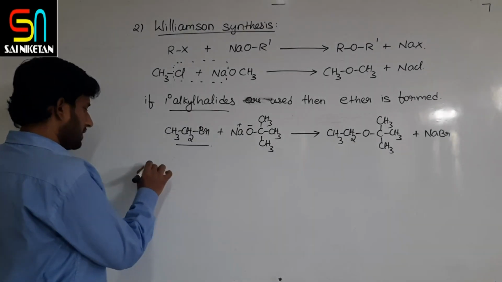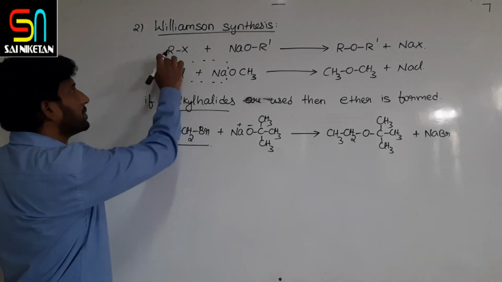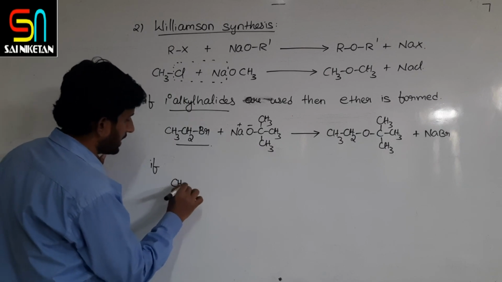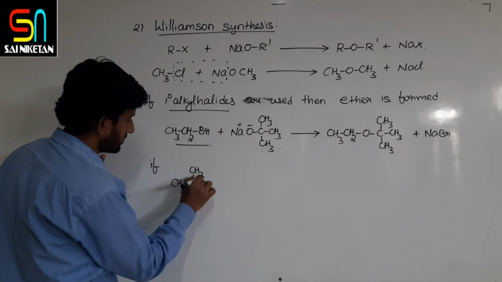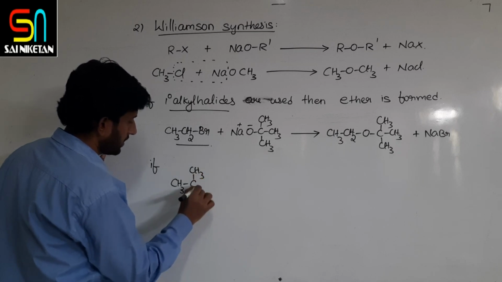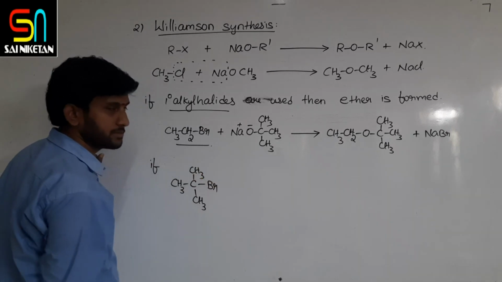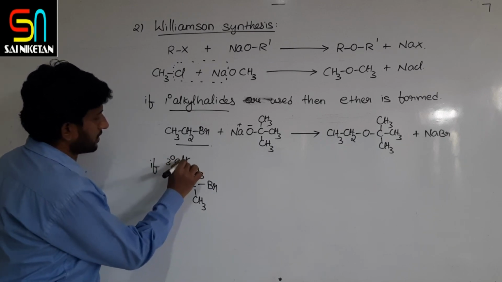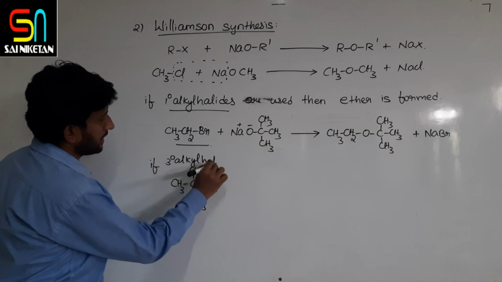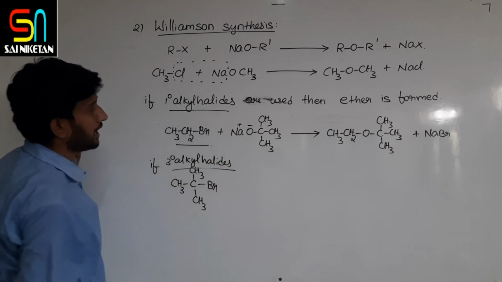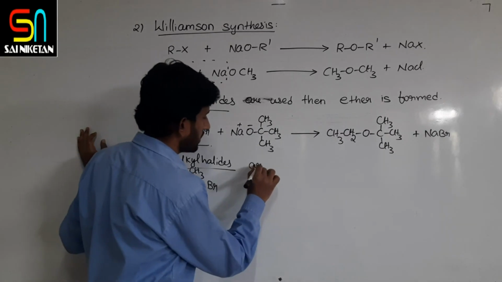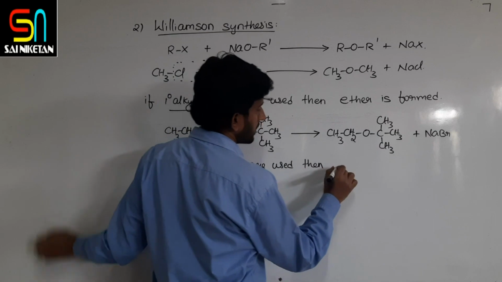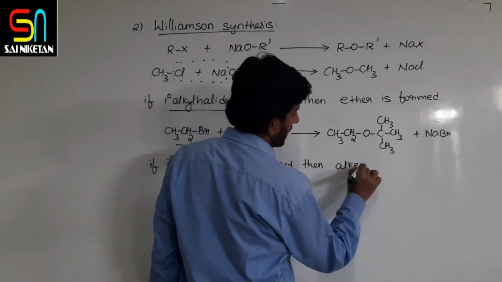The same thing, if instead of using a primary alkyl halide, we are using a tertiary alkyl halide, let us assume. If tertiary alkyl halides are used, then alkenes are formed as the major product.